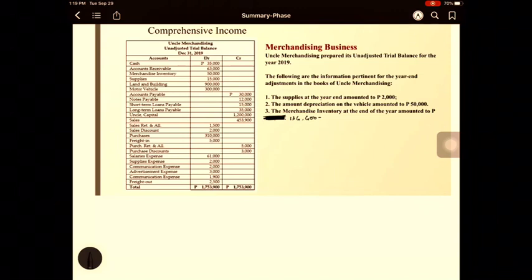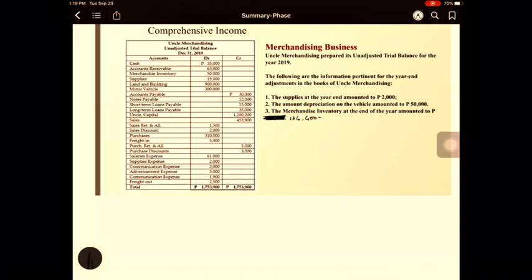So we have here the pertinent information that would now adjust the amounts of the various accounts presented in our unadjusted trial balance. Okay, so we have here the supplies at the year end amounted to 2,000.